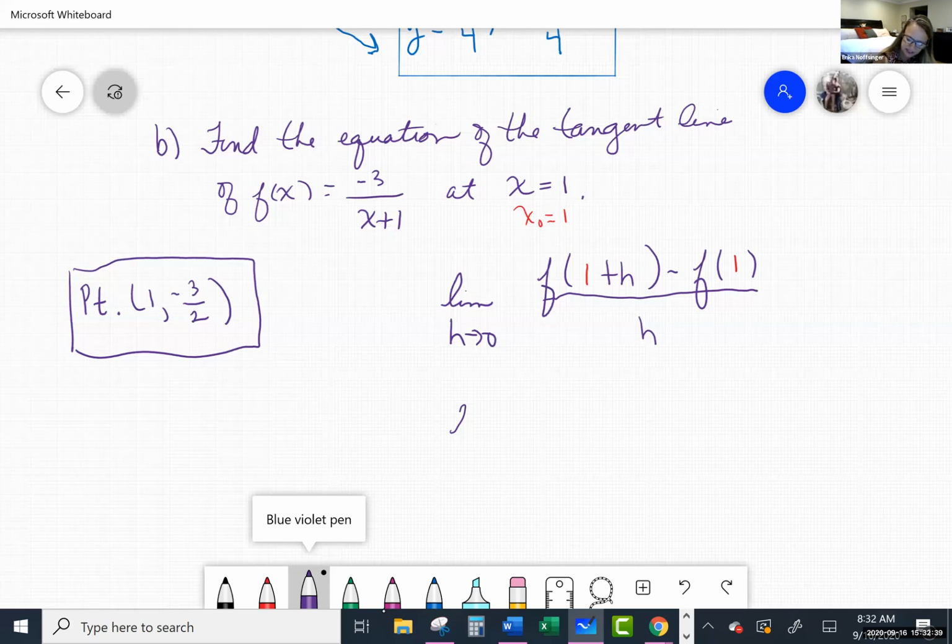Then it tells me to subtract off f of 1, so wherever I see an x, I'm plugging in 1. We actually figured out what that number is already: negative 3 all over 1 plus 1. And we put this whole thing all over h.